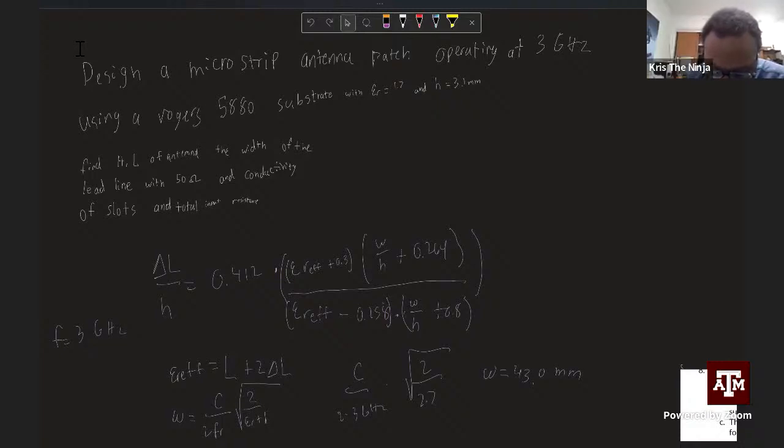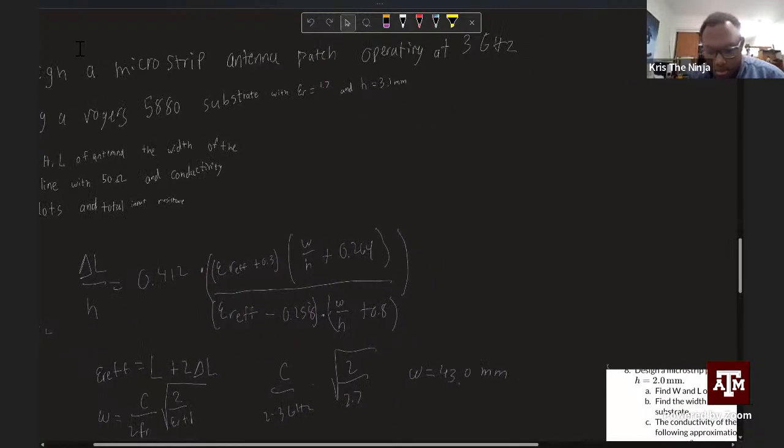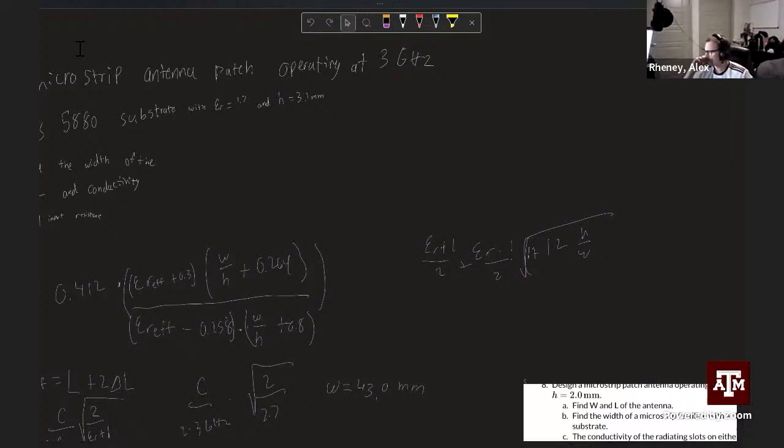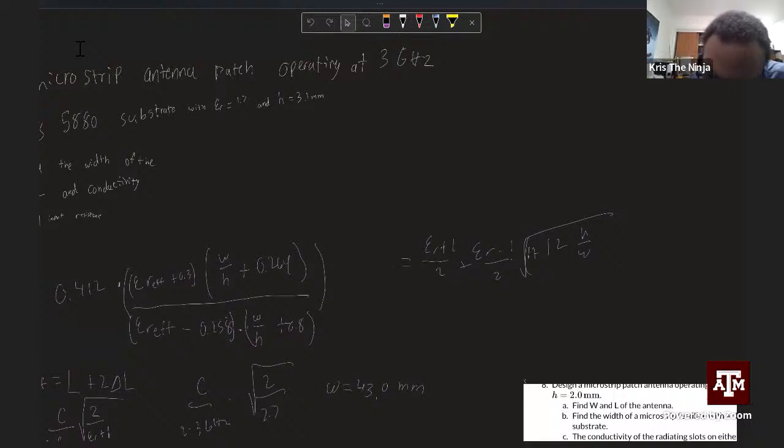So epsilon r plus 1 over 2, epsilon r minus 1 over 2, those are added together, then that's multiplied by the square root of 1 plus 12 h over w, sorry. Okay, it should show up just like that. Yes. Okay, cool. To make it easier on Alex, I'm gonna give him epsilon ref.